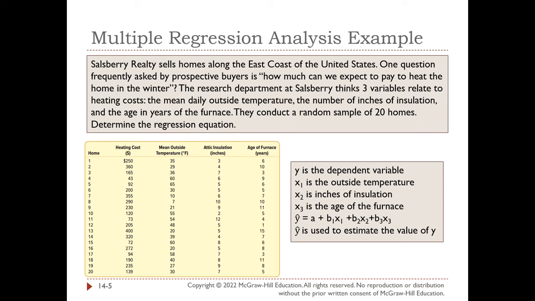The research department of Salisbury thinks three variables relate to heating costs: the mean daily outside temperature, the number of inches of insulation, and the age in years of the furnace. They conduct a random sample of 20 homes. Determine the regression analysis. So here we have three independent variables. We have, again, the outside temperature, inches of insulation, and the age of the furnace.